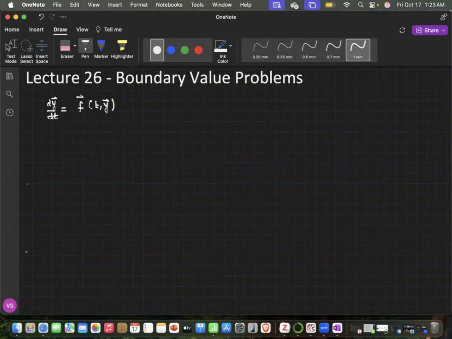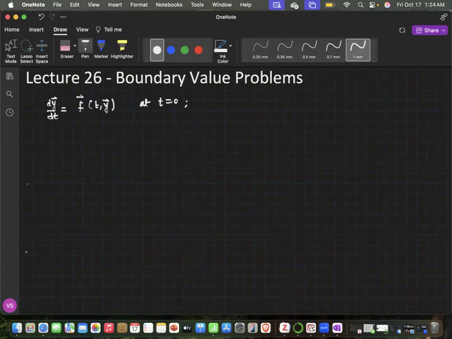So we can definitely solve such problems, but the requirement for solving them by the methods that we learned before is that we have a condition at t equals 0.